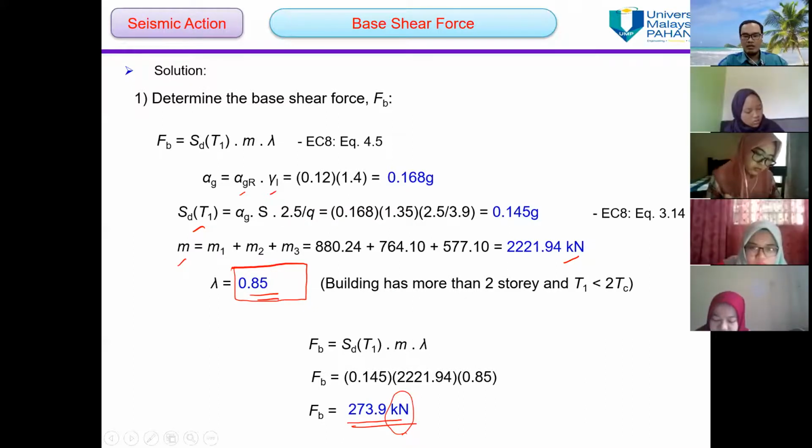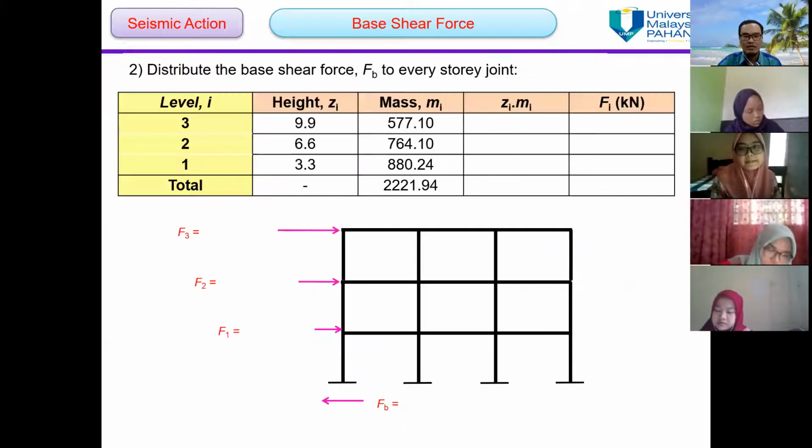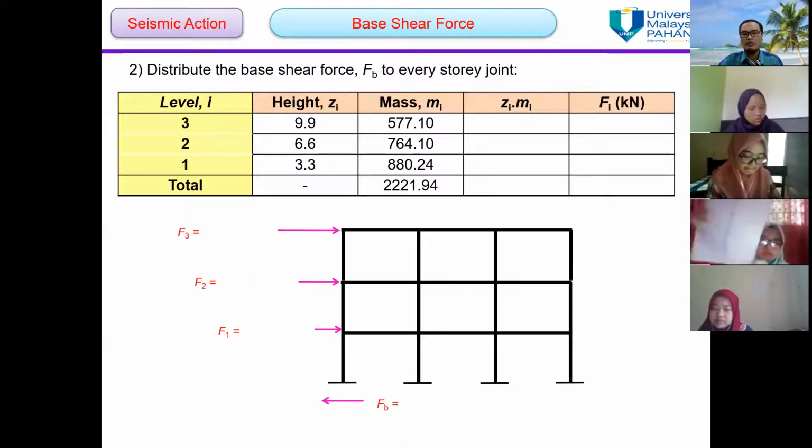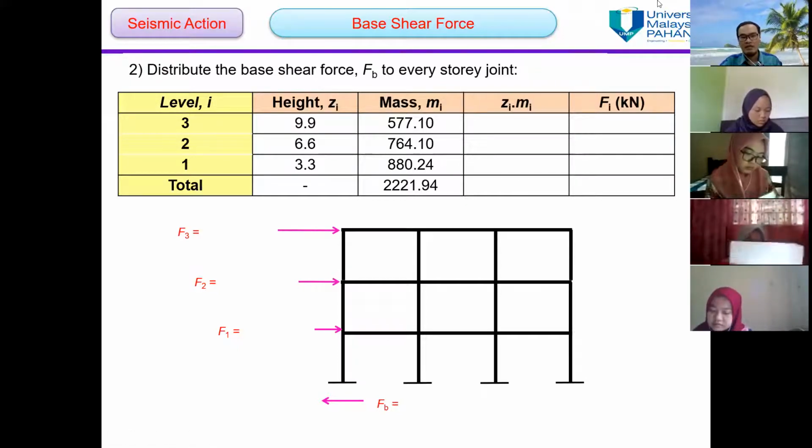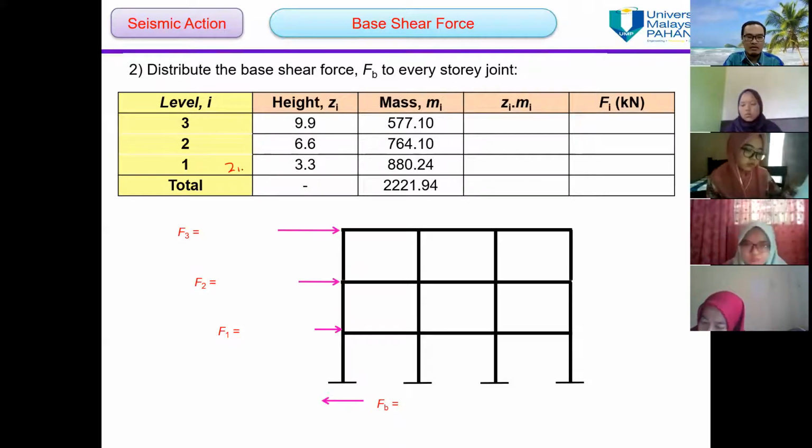And now we will check the value of the forces acting on every story. So I prefer you also create this table to make your calculation easier. This is your total height. Z1 is equal to 3.3, Z2 is equal to 6.6, Z3 is equal to 9.9, as we mentioned before.